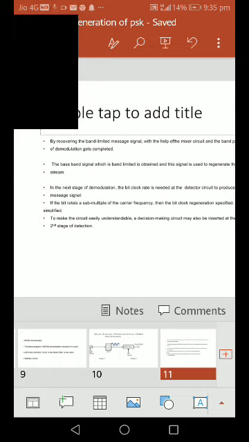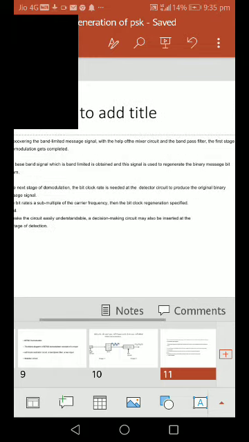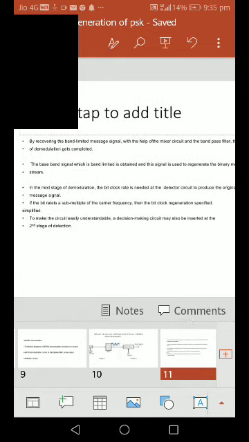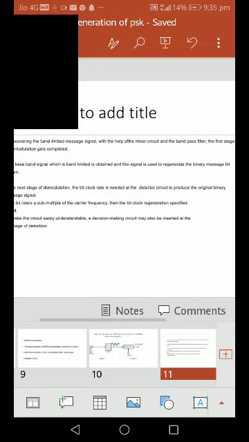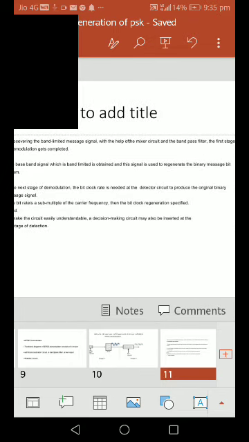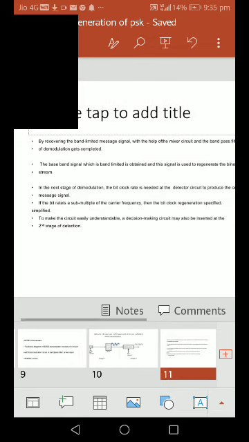By recovering the band limited message signal with the help of a mixer circuit and band pass filter, the first stage of demodulation is completed. The baseband signal, which is band limited, is obtained and used to generate the binary message bit stream.